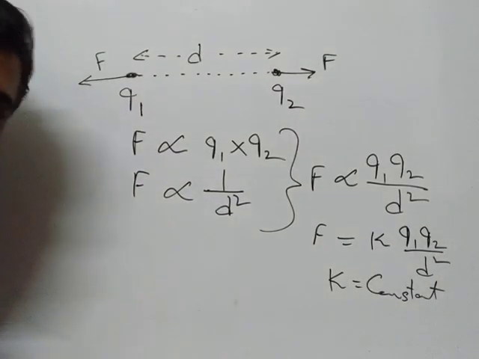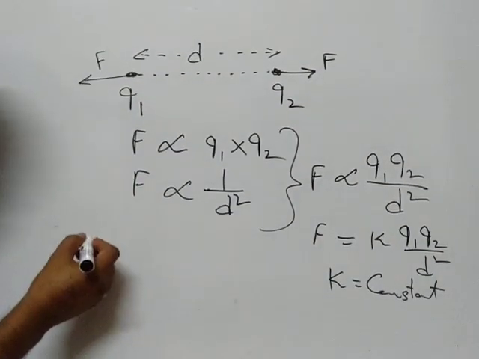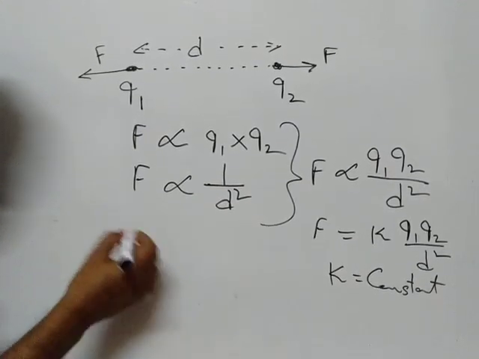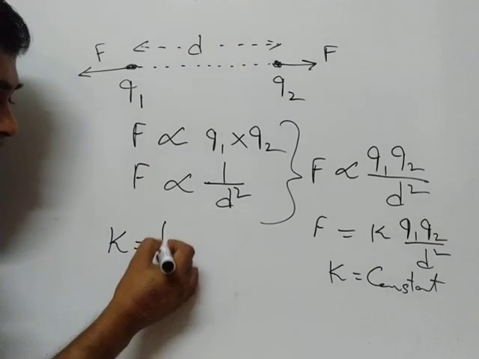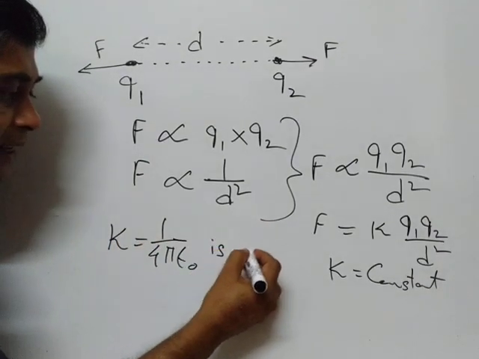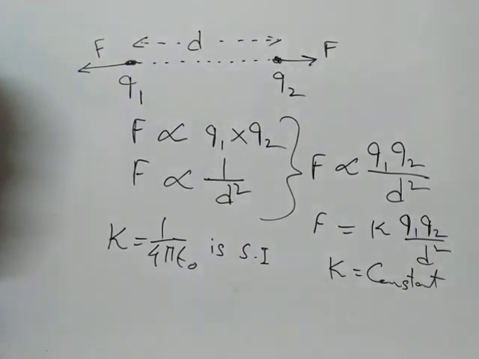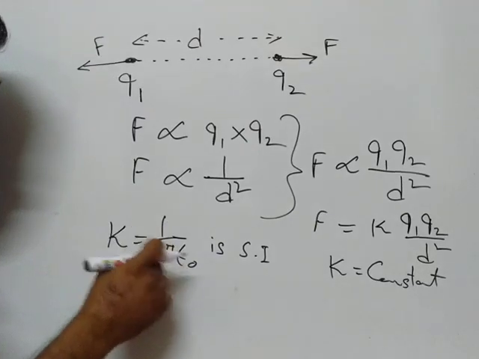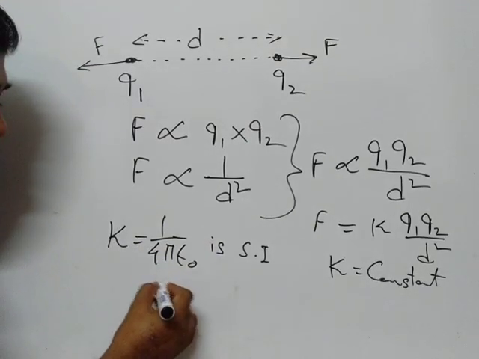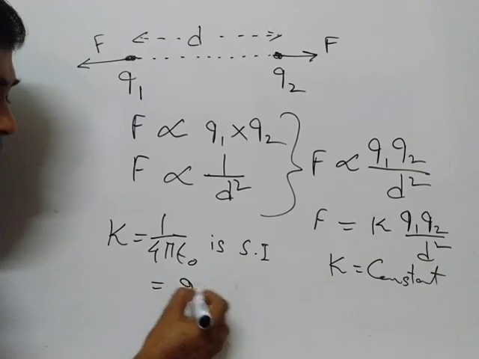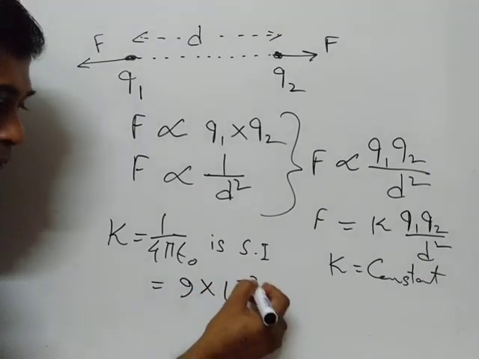What about the constant K? In vacuum or in air, K is written as 1 by 4 pi epsilon 0 in SI system. And the value of 1 by 4 pi epsilon 0 is 9 into 10 to the power 9.